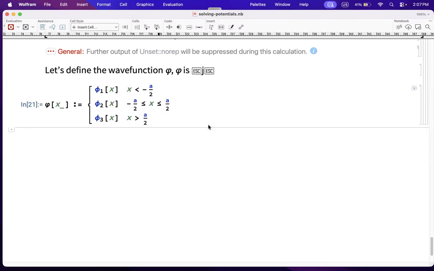So this means that the wave function has to be continuous and smooth. Continuous means that the wave function at this boundary has to be exactly the same as in the other region. And smooth means that the derivative is the same in the other one. Here, phi 2 at a over 2 has to be equal to phi 3 at a over 2, and the derivatives.